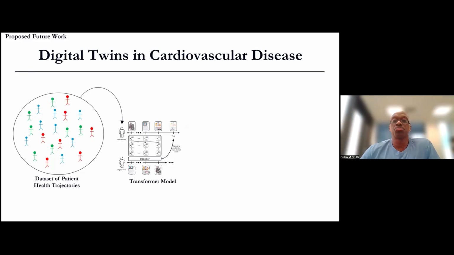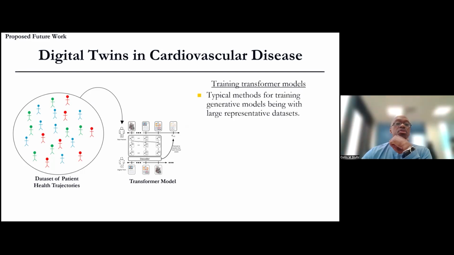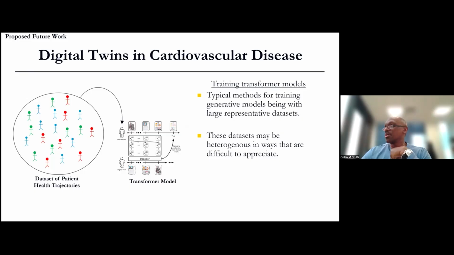The problem with this approach, a few things. The typical method for training these models begins with very large representative data sets, but these data sets, especially in real life instances, and patients with cardiovascular disease, contain a lot of heterogeneity, and we don't really understand what this heterogeneity is.